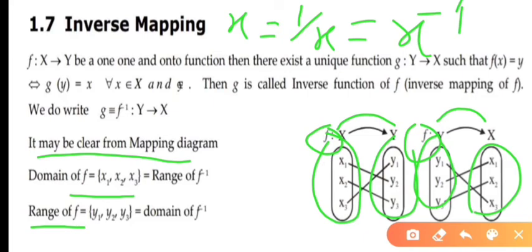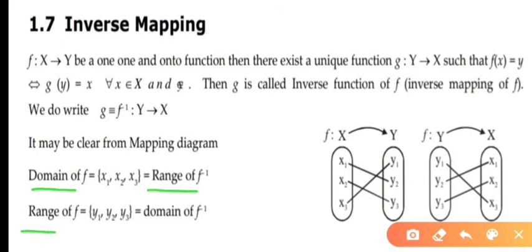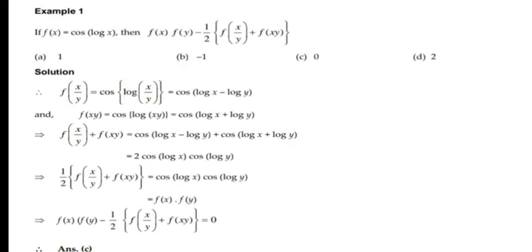Already 1 is there, and by taking x to the numerator it becomes x to the power minus 1, got it? Similarly here also, domain of f equals range of f inverse and range of f equals domain of f inverse, got it? Let's see next.